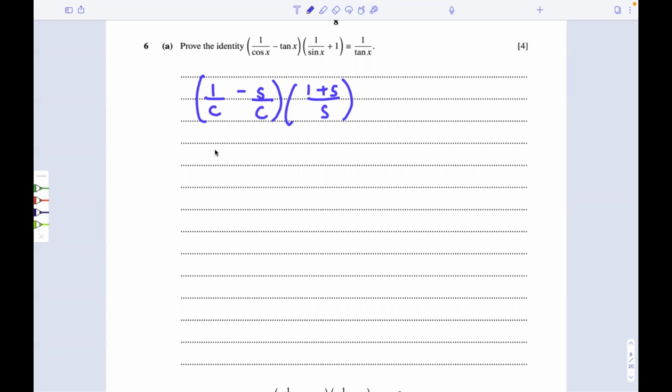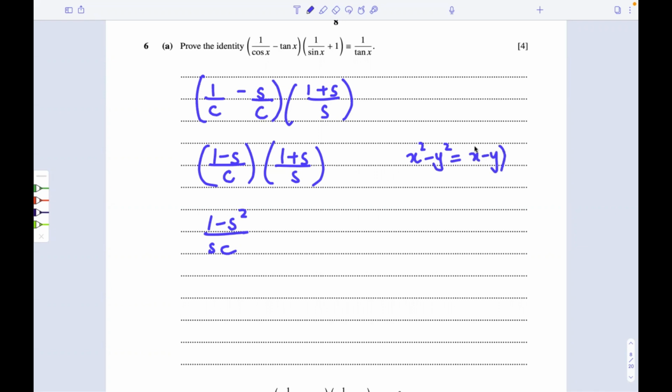So simplifying this side, we get (1 minus sine) upon cos, and this will be (1 plus sine) upon sine. So using the algebraic identity, we have (1 minus sine squared) upon sine cos, as we know that x squared minus y squared can be written as (x minus y)(x plus y).